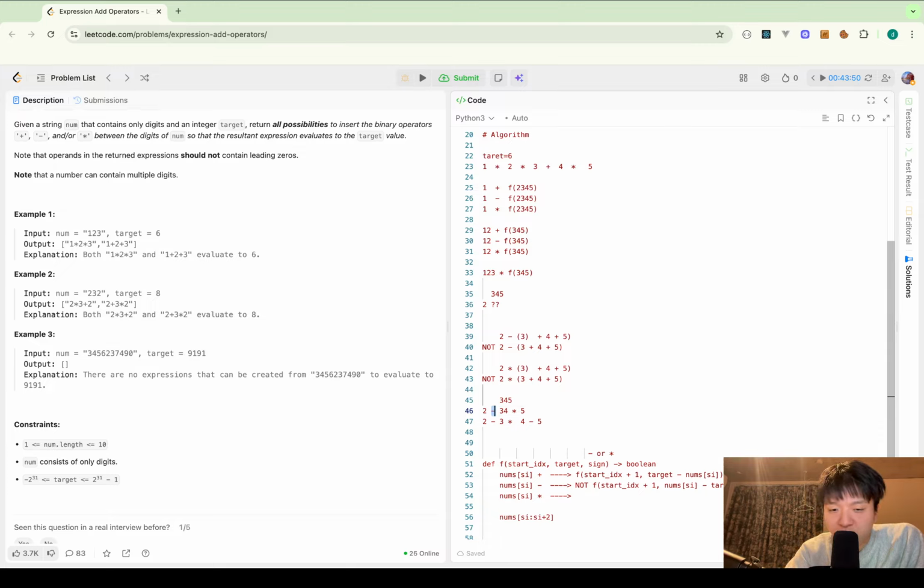So after this negative, maybe I would take two numbers, or maybe only a single number. And then multiplication continues. So actually this minus is used for this 3 times 4, not only 3. No, but in this case, if I use this negative for here, it does work, actually.